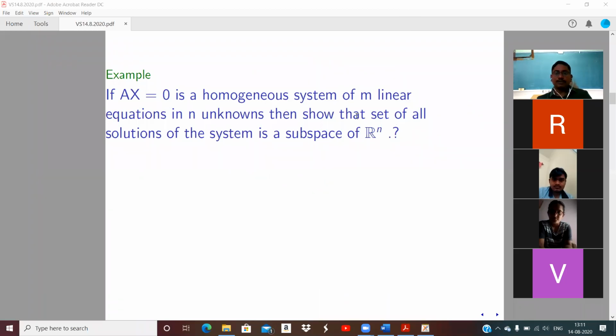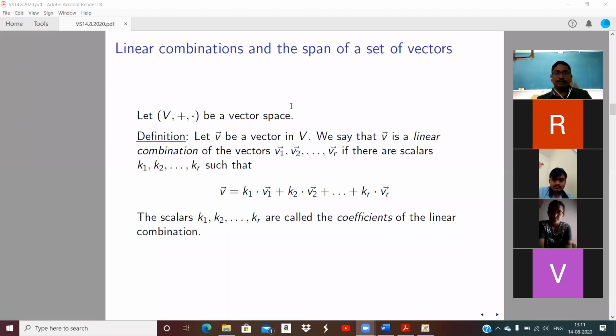So this is an example. Now we'll define linear combination. This is an important part of linear algebra. This type of concept comes many times. What do we mean by linear combinations? As we have seen in yesterday's example, W is written as vectors of the form aU plus bV.